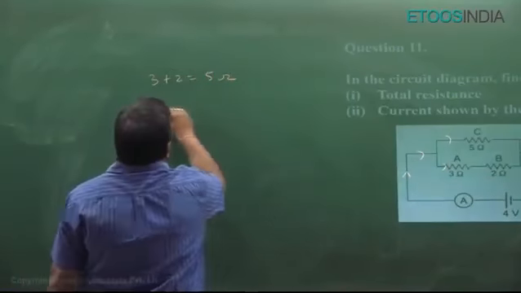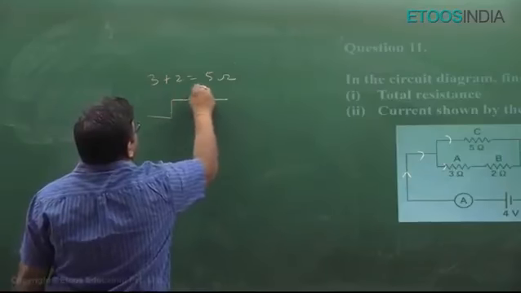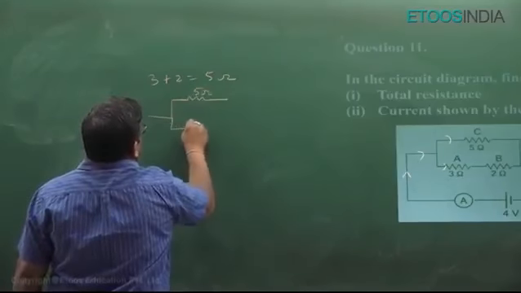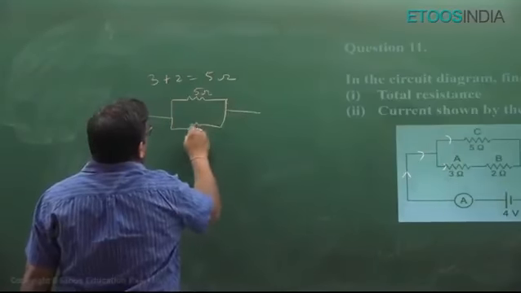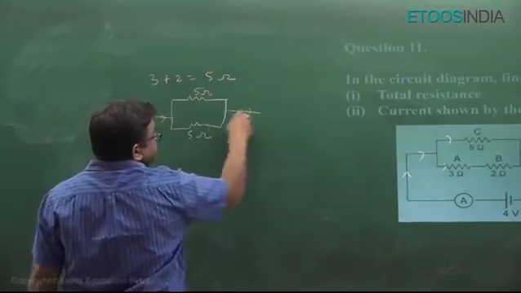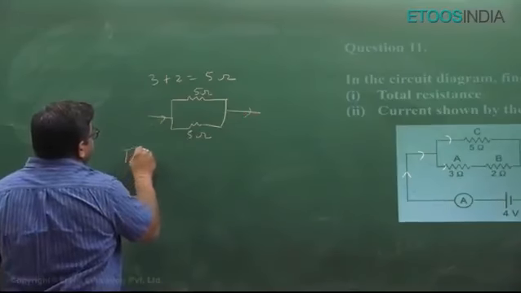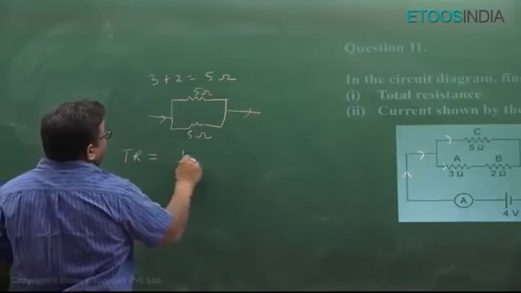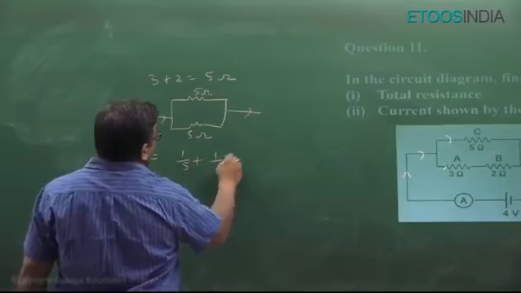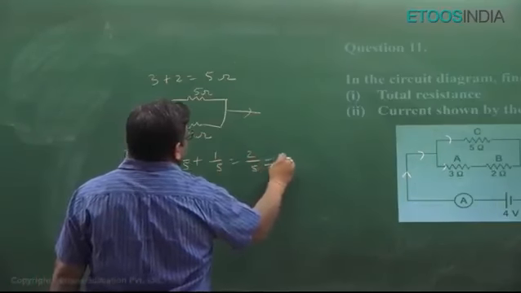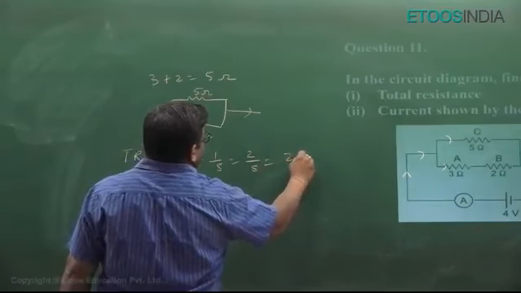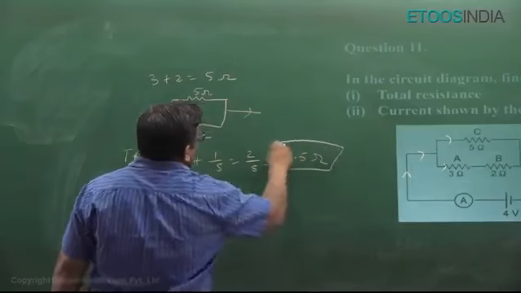Now, I can make another diagram. It says 5 ohm parallel to 5 ohm. Is it clear? So the total resistance is 1 upon 5 plus 1 upon 5, that is 2 upon 5, or the final answer is 2.5 ohm.